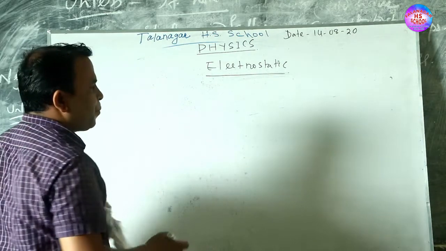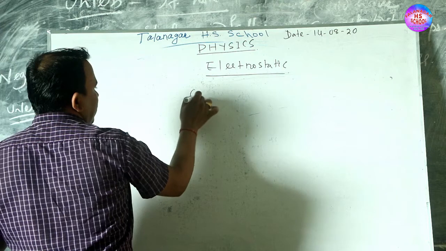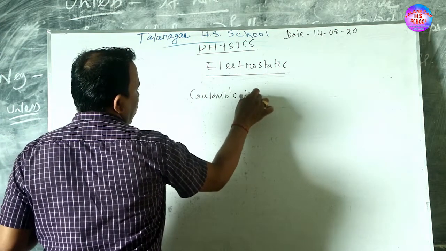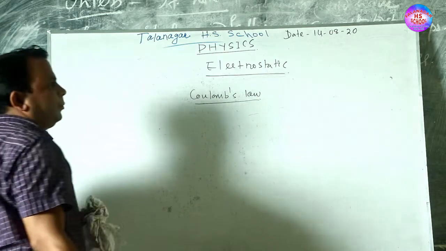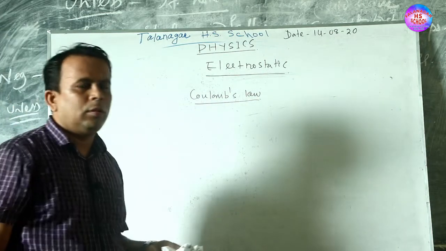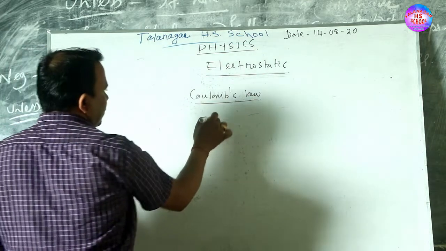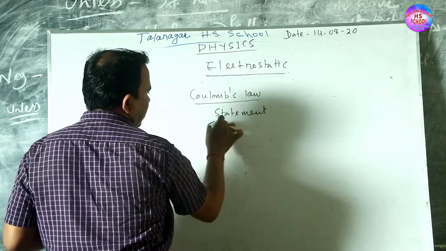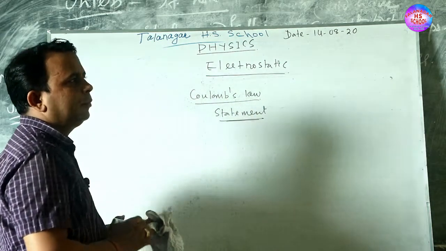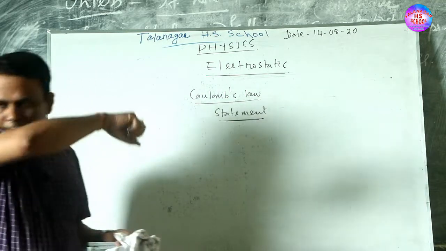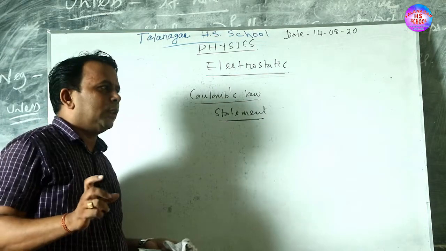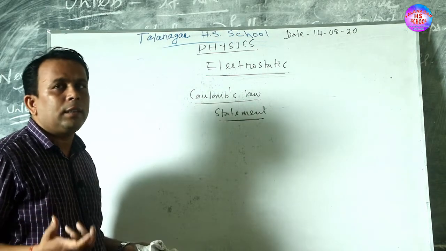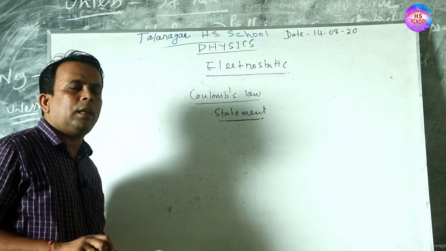Now, Coulomb's law. What is Coulomb's law? It has a statement. From the fundamental law of electrostatics, we know that like charges repel each other and unlike charges attract each other.